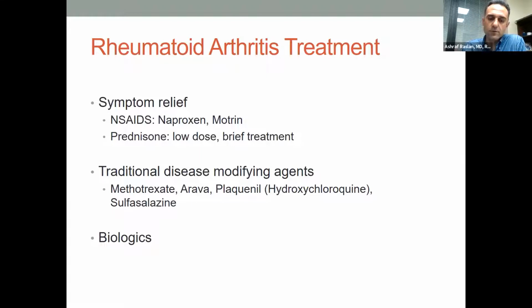We know from all the studies that were done on rheumatoid arthritis that early treatment usually leads to less joint damage over time. And it also helps prevent other things that rheumatoid arthritis can lead to, like lung inflammation or increased risk of heart attacks also. So that's why, if someone has rheumatoid arthritis, it is important to be on treatment.